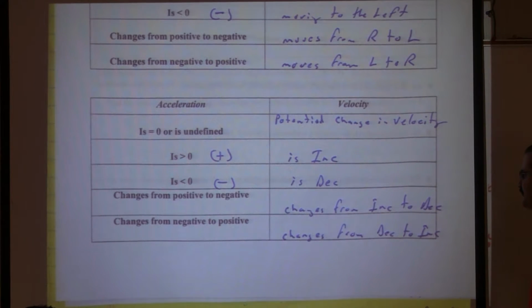You understand? Then you get into the point of speeding up and slowing down. Have you guys talked about that? How would I determine whether a particle is speeding up or slowing down?